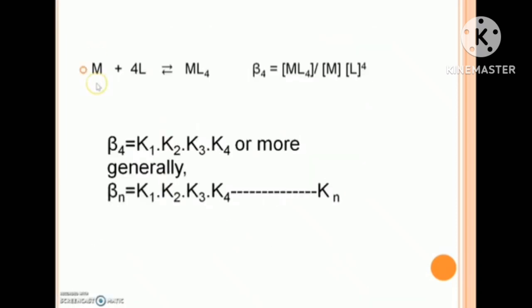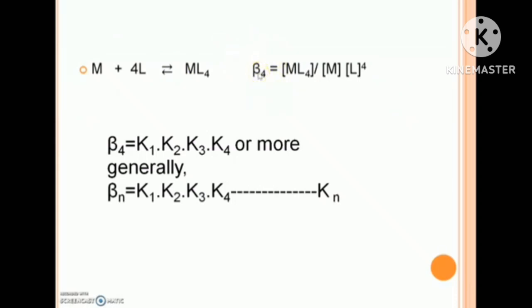And also we can write this reaction in a single step, that is M plus 4L gives ML4, or M plus nL gives MLn. Like that, we can write this reaction in a single step, and the stability constant here we represent as beta.